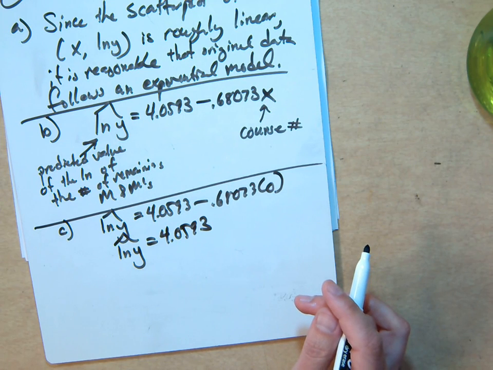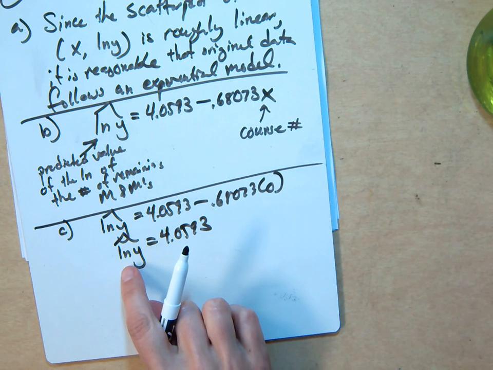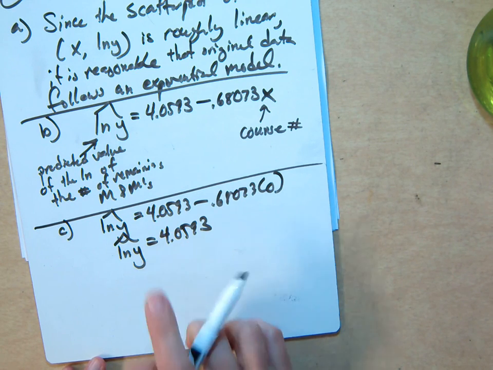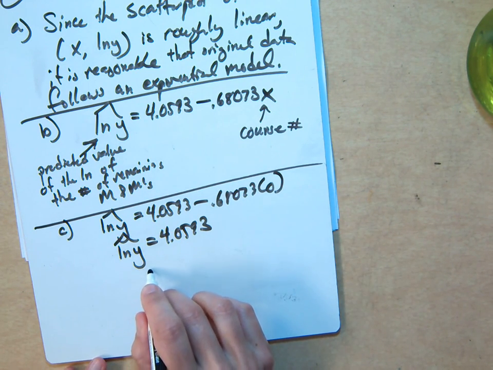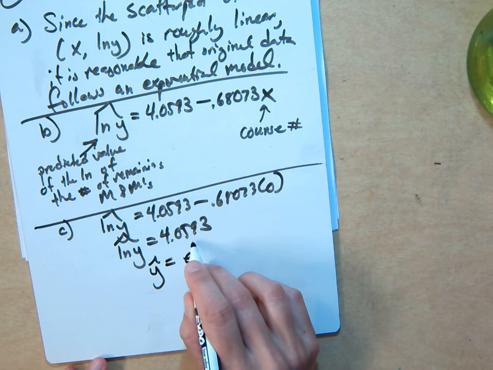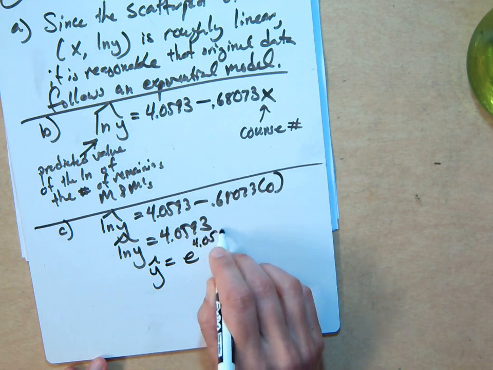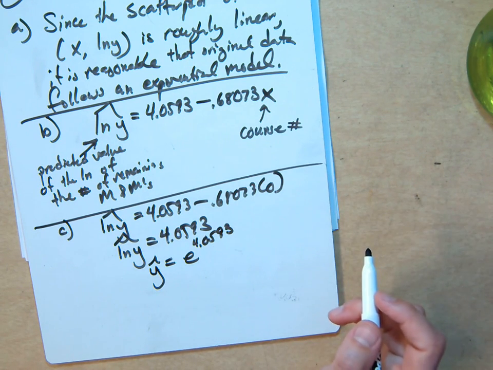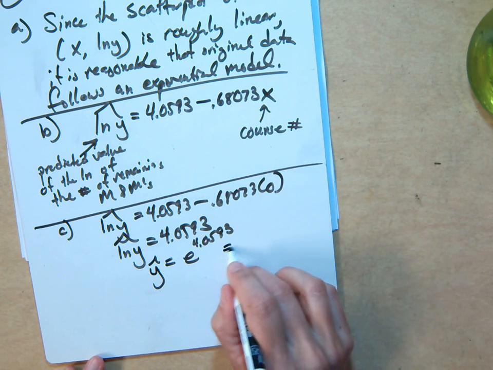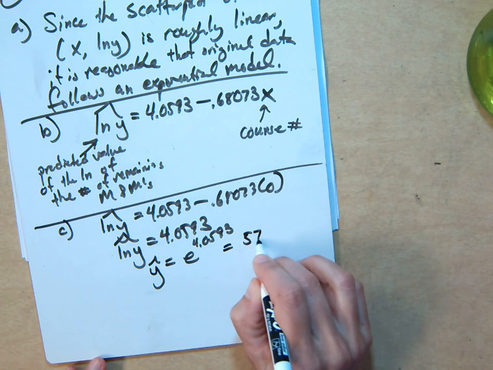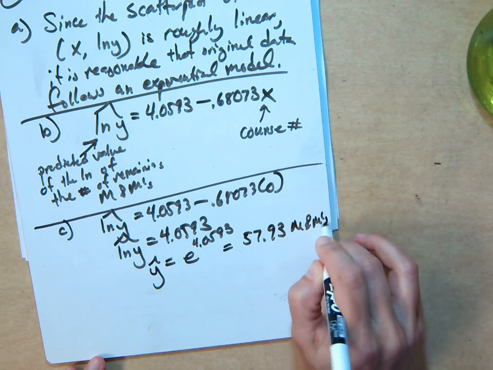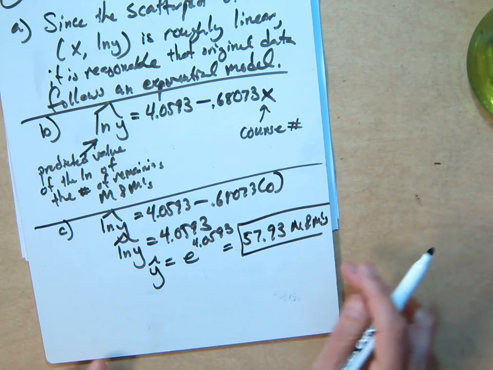Natural log means base e, so we're saying e to this power equals y, if we just rewrite it. So y hat equals e raised to the 4.0593 power. On your calculator, that gives you 57.93 M&Ms for the original amount.